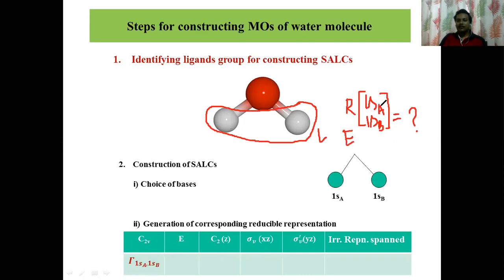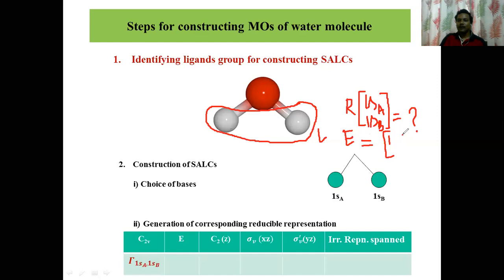So when identity operates on this basis set, what happens? Now this basis remains the same, right? So that means 1s A remains 1s A, and 1s B remains 1s B. So the corresponding matrix for identity, I think you can do it easily.